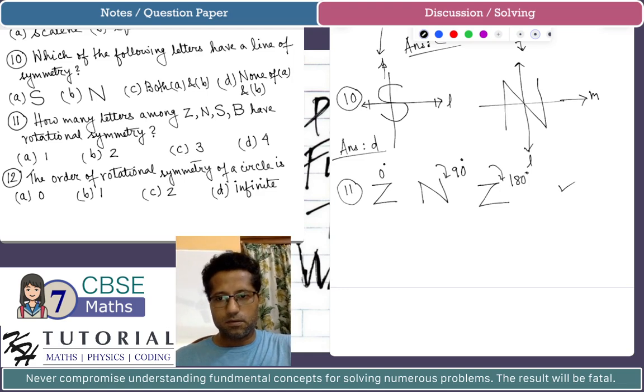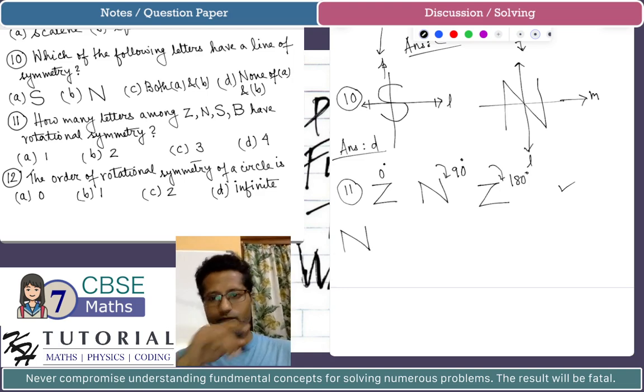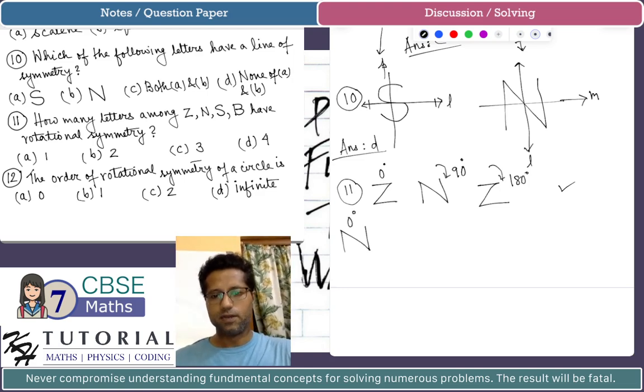N. Now, as you can see, at the 90-degree position, the letter Z was looking like N. So I guess the letter N will also have rotational symmetry. Let's see. We consider this letter N as the 0-degree angle.